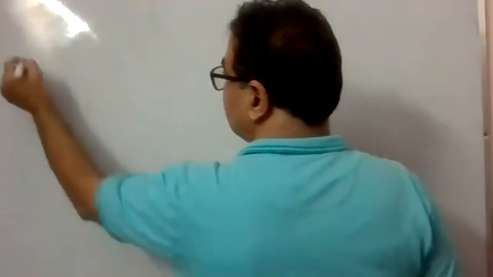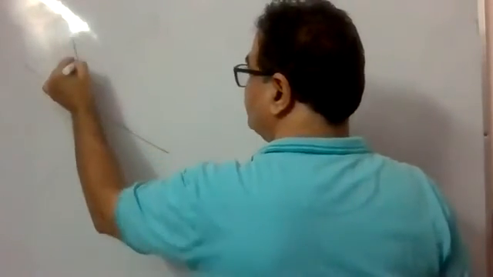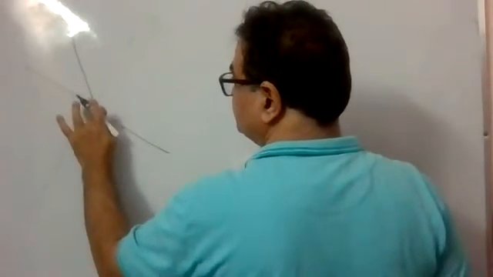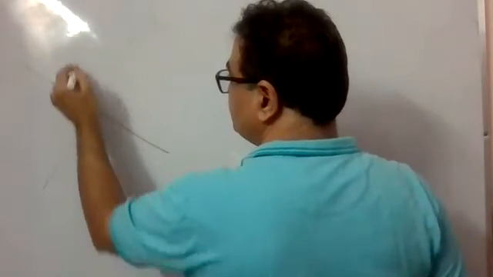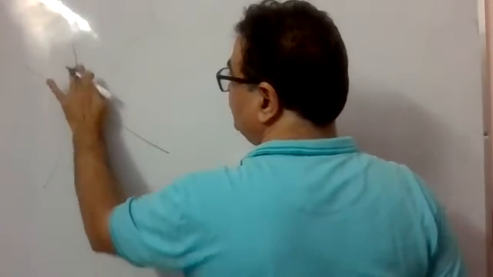Write down: three or more lines are said to be concurrent if they pass through the same point of intersection.